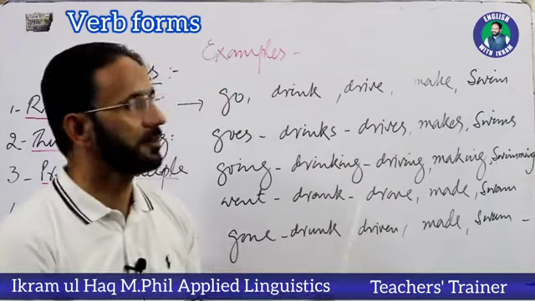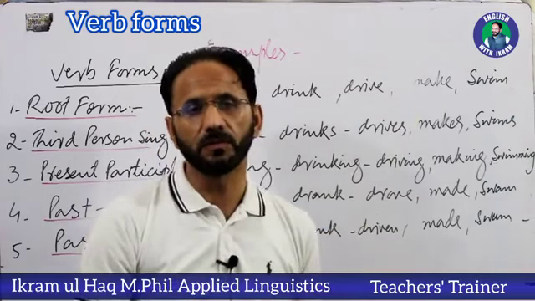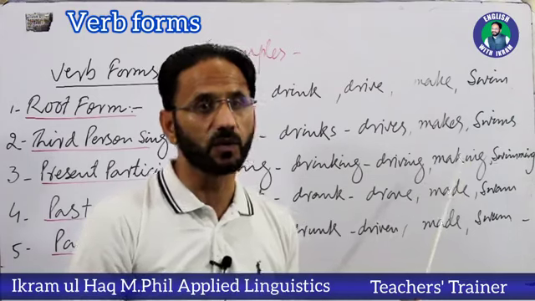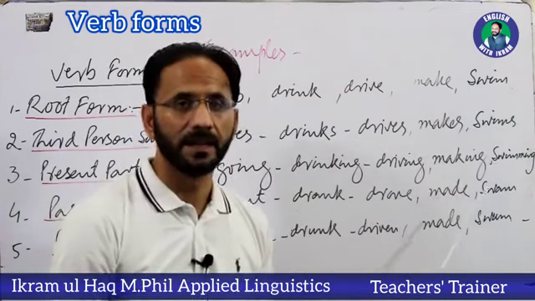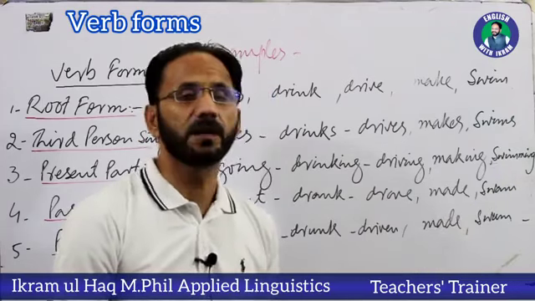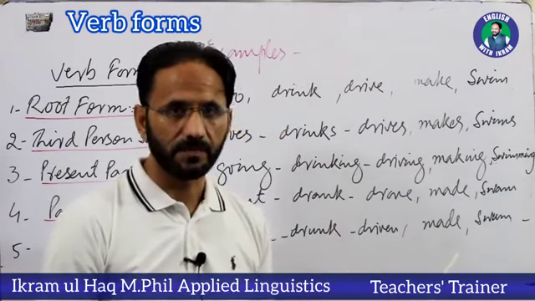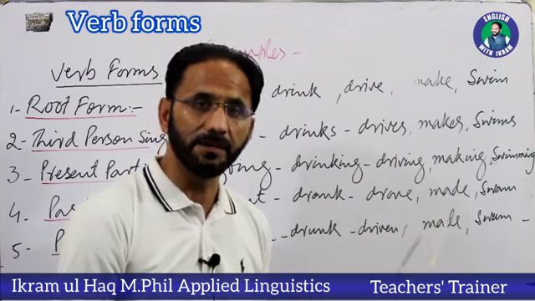Then the next one is make. Its root form or base form is make, and third person singular form of this word is makes. Then present participle is making, then past of this word is made, and then past participle form of this verb is made. So here it is make, makes, making, made and made.